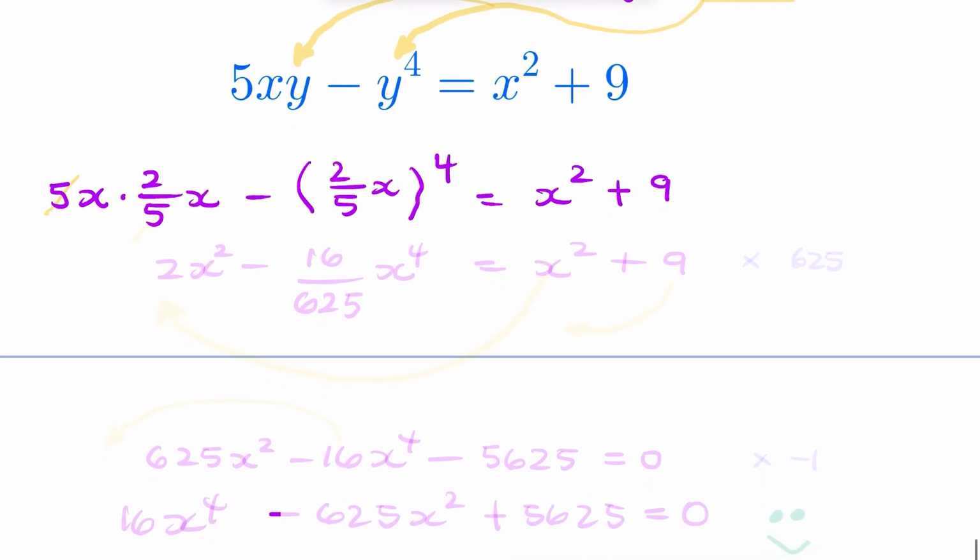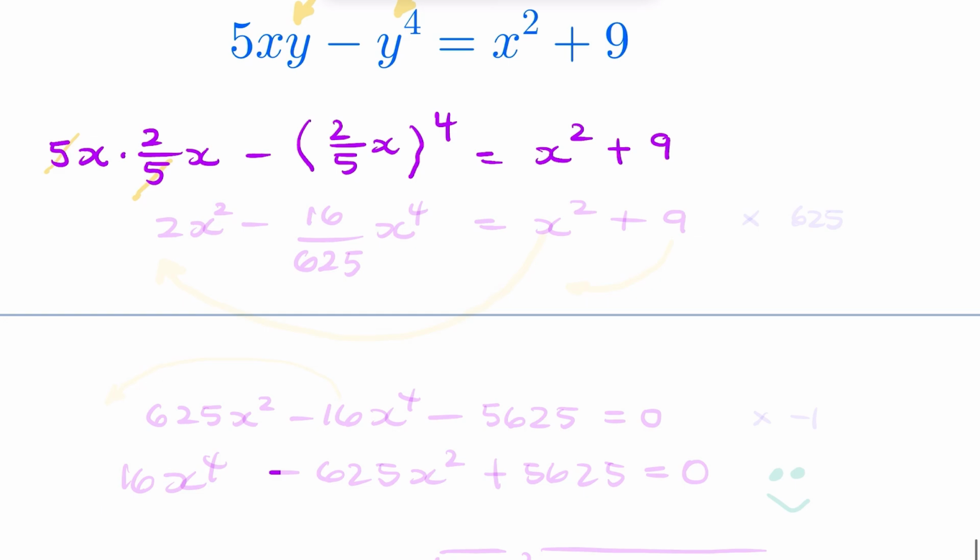So that 5 cancels with that 5, and we end up with 2x squared minus 16 over 625 x to the power 4 equals x squared plus 9.